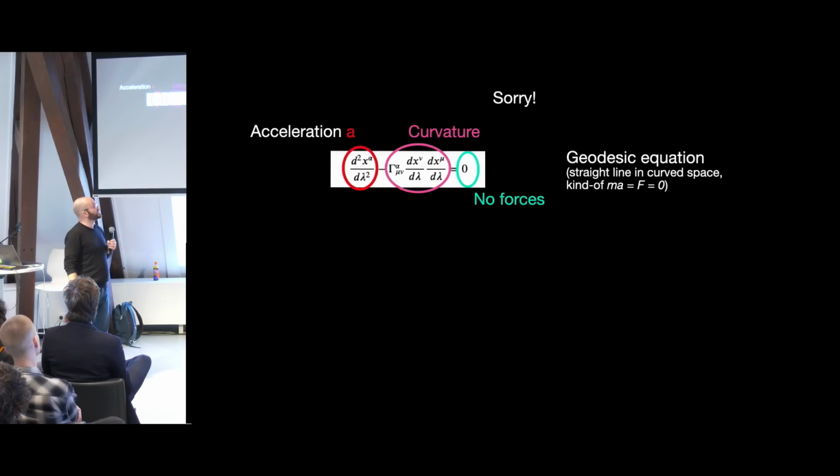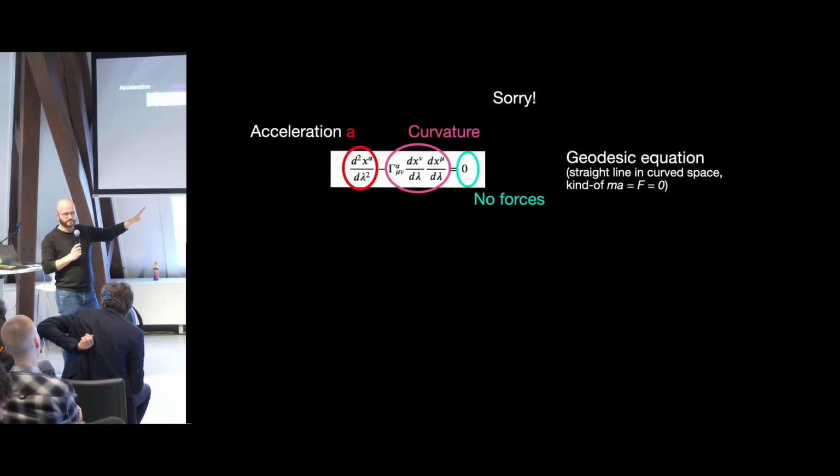So if you break this down, on the left in the red, you have the second derivative of the position. This is the acceleration. Then in the middle, you have something nasty. And then on the right, you have 0. This means no forces act on the body.